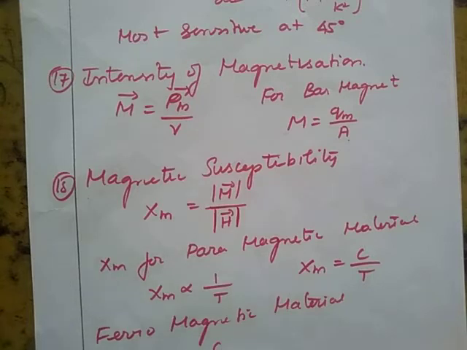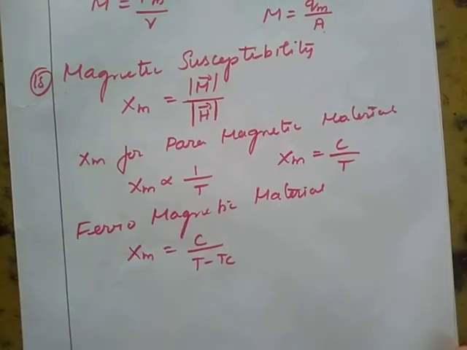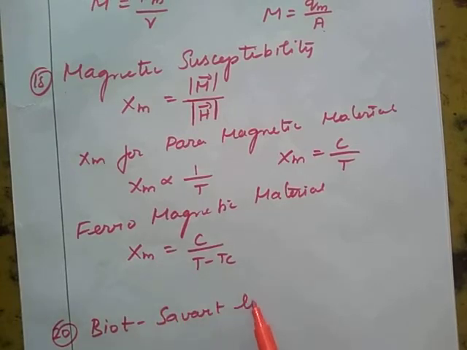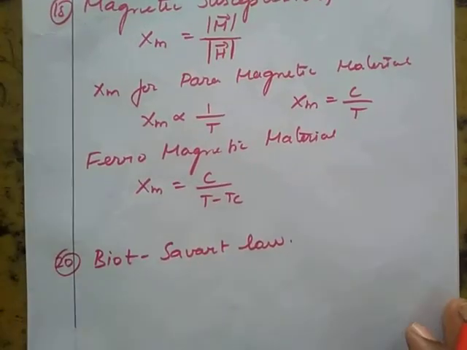Then let me see Biot-Savart law. We know very well, using this law we can find the magnetic field due to a current carrying conductor.